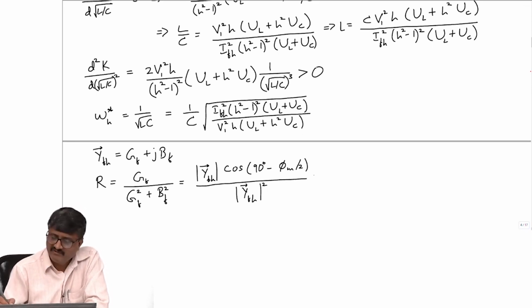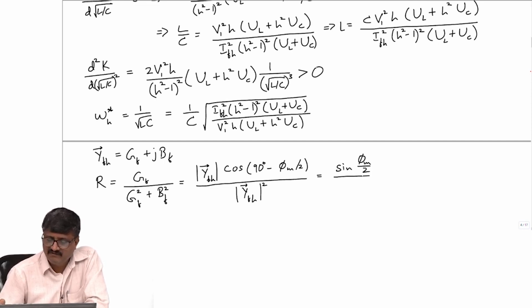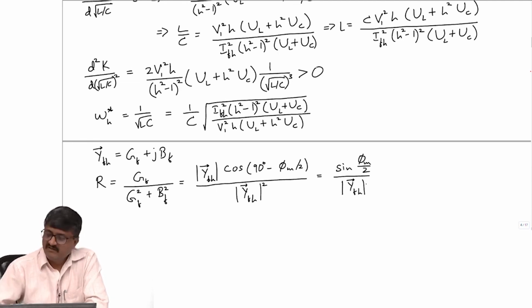Okay. So, cos 90 minus phi m by 2 is sin phi m by 2, and the magnitude of y of h in the numerator gets cancelled. So, we are left with y of h magnitude in the denominator. Okay.